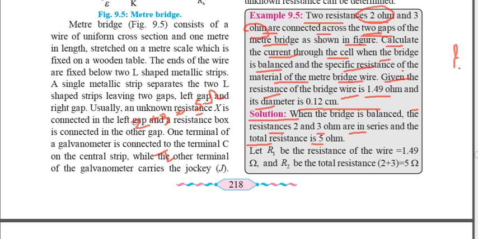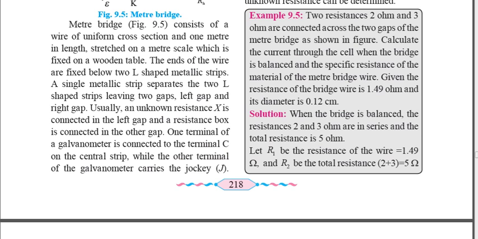When the bridge is in balance condition, the galvanometer will show 0. So let R1 be the resistance of the wire, which is given, that is 1.49 ohm, and R2 is the total resistance, that is 2 plus 3, that is 5 ohm. Then we'll see the figure.